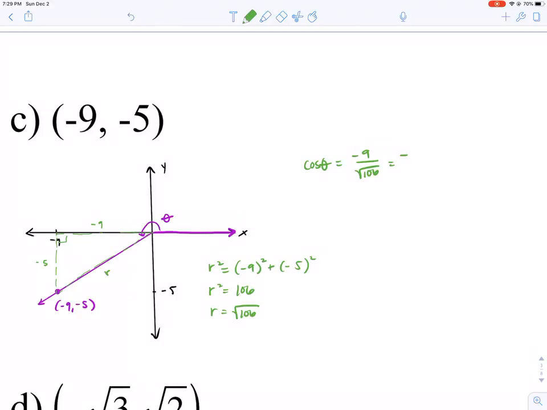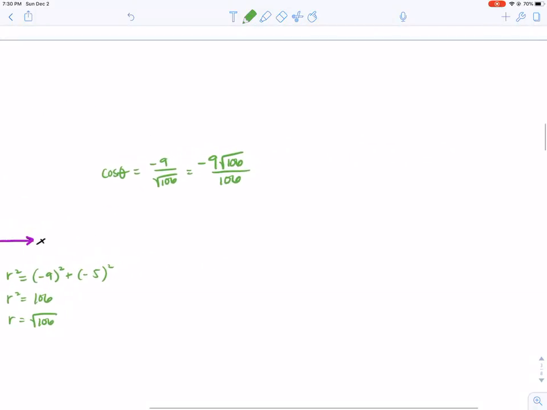When the denominator is rationalized, that would be -9 root 106 over 106. Just make sure that doesn't simplify anymore. Okay, so then secant of theta would be the reciprocal, so negative root 106 over 9.